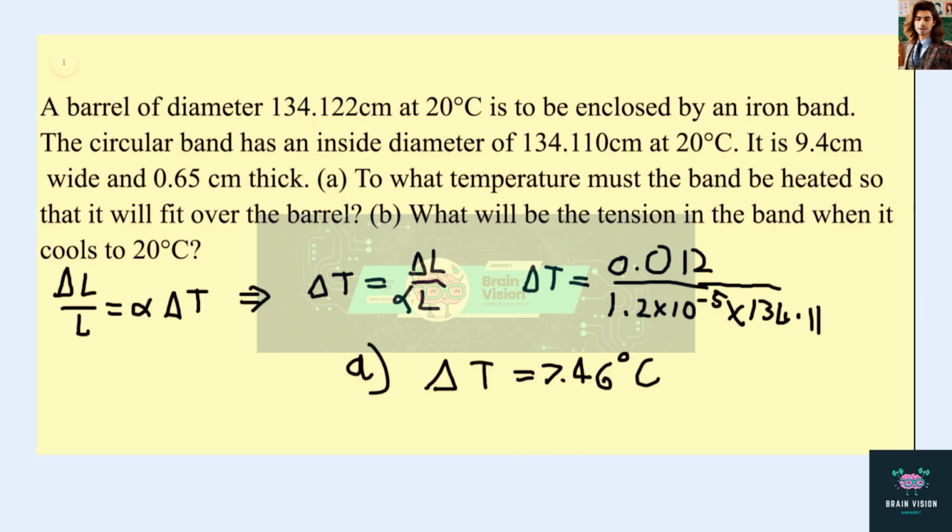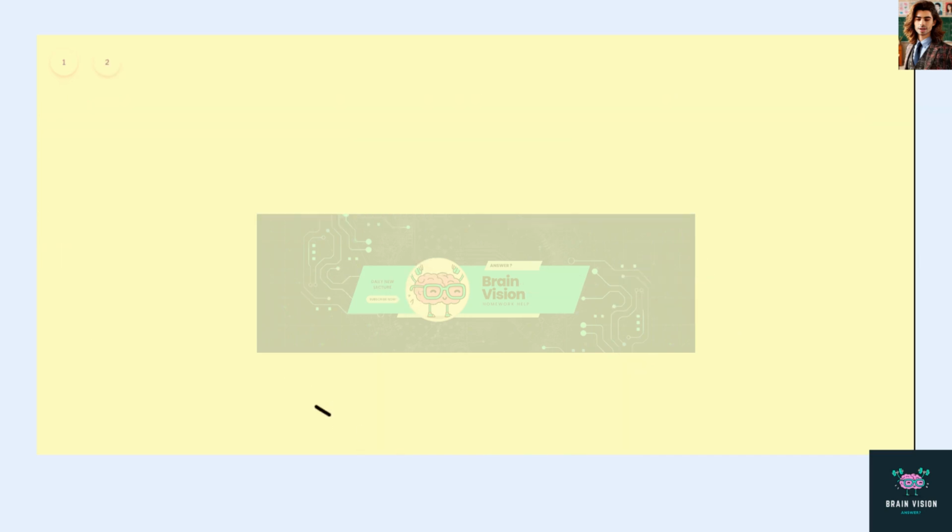Cool. And so going over to page 2, for part B, we are going to start from the formula for thermal stress. So thermal stress is equal to Young's modulus times the coefficient of linear thermal expansion times the change of temperature. The change of temperature is simply equal to minus 7.46.